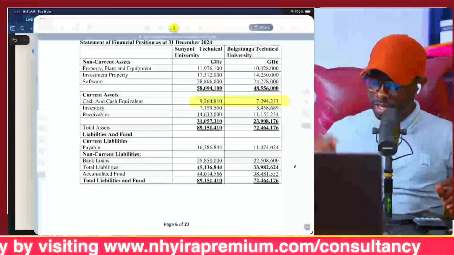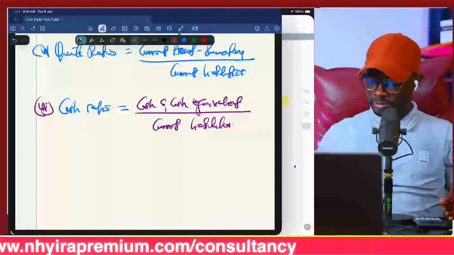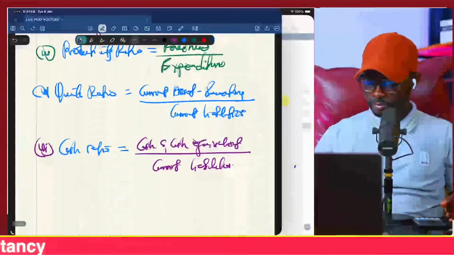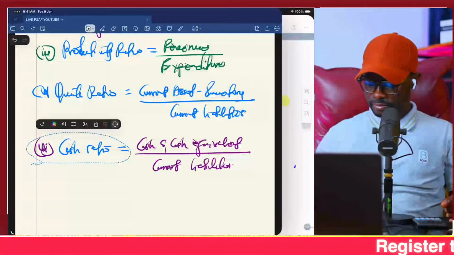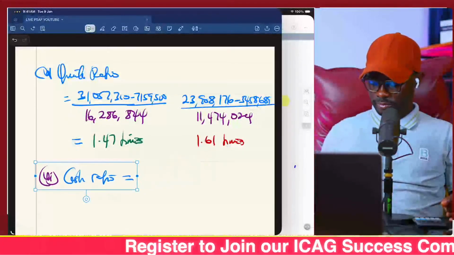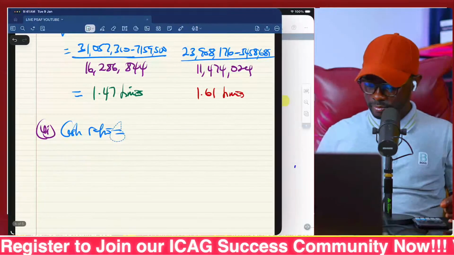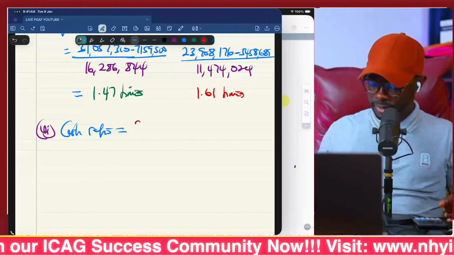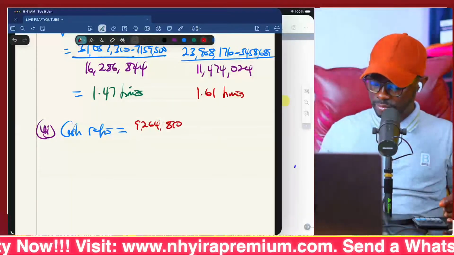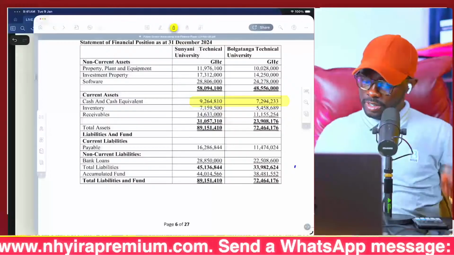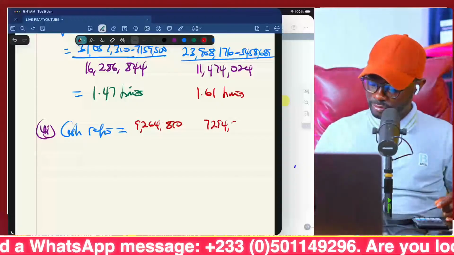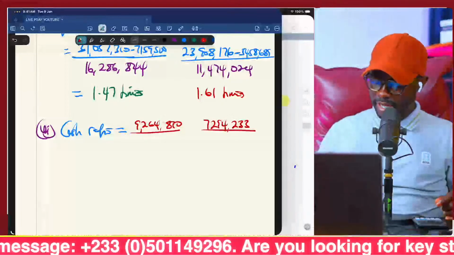And so 9,264,810 as against 7,294,233. We divide that by the current liabilities.